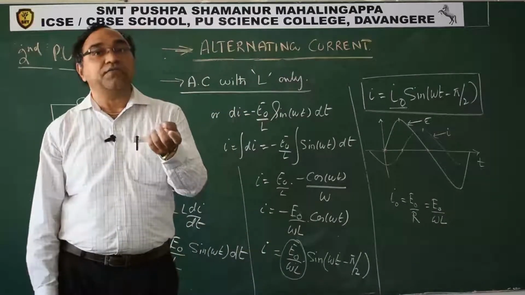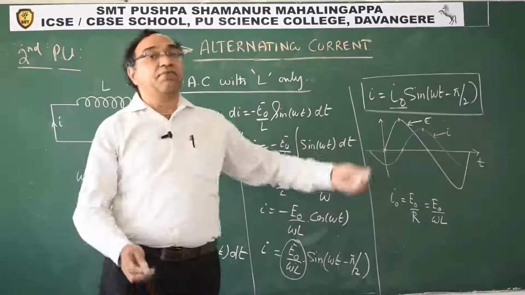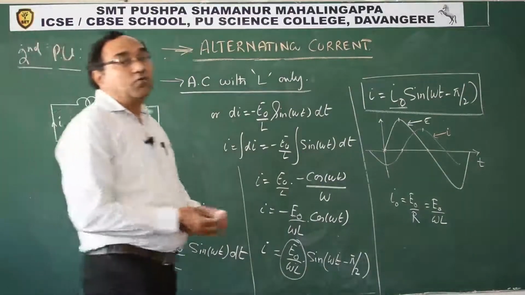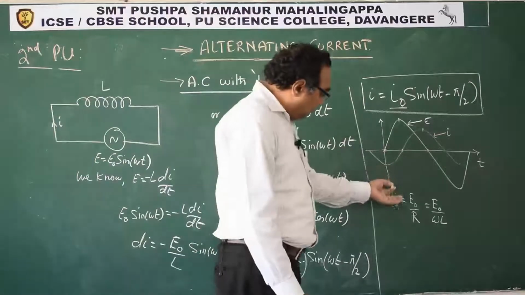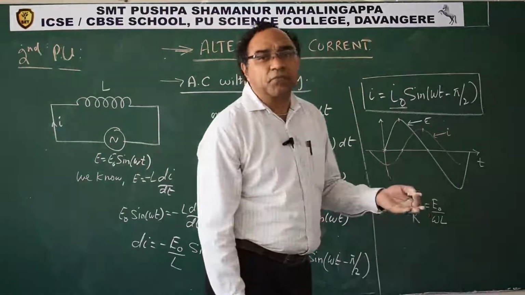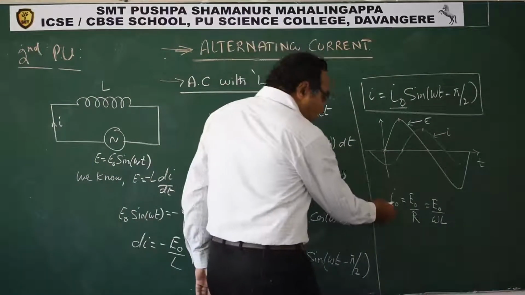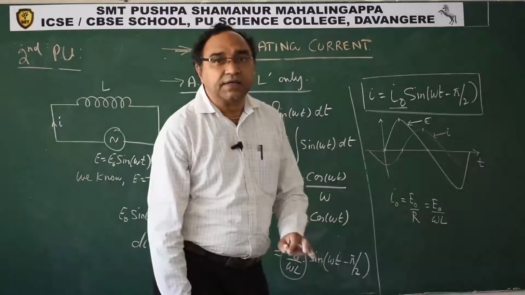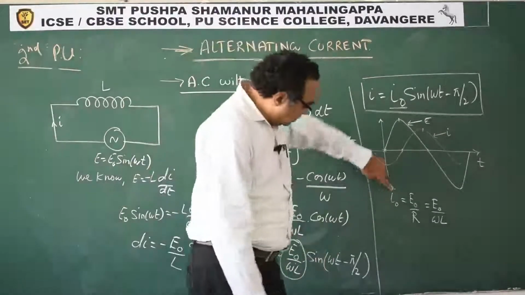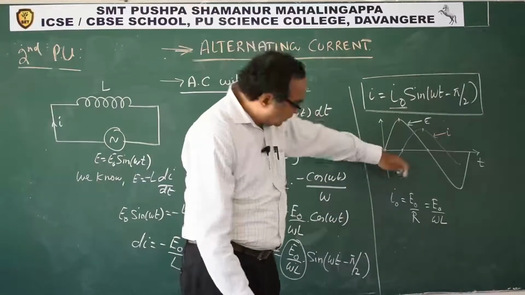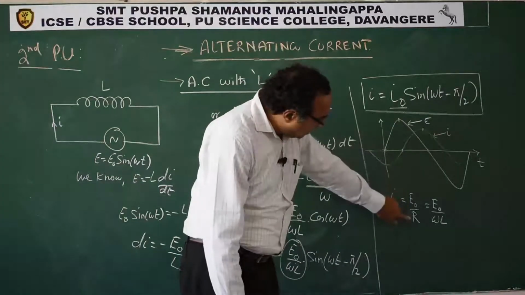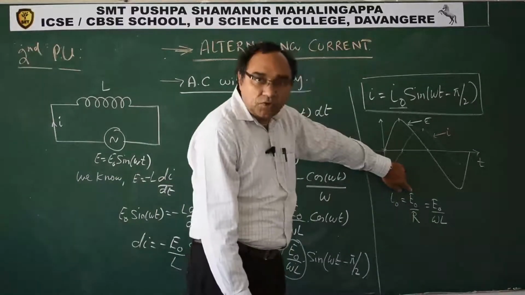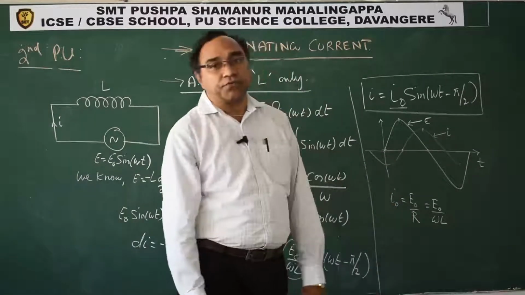See how easily we can find out everything if we know all this analysis. There is no need to know anything else. See, if you know simple mathematics, more than enough. What is the unit of measurement of I naught or current I? Ampere. Ampere is volt upon ohm. E naught will be measured in volts, R will be measured in ohms.